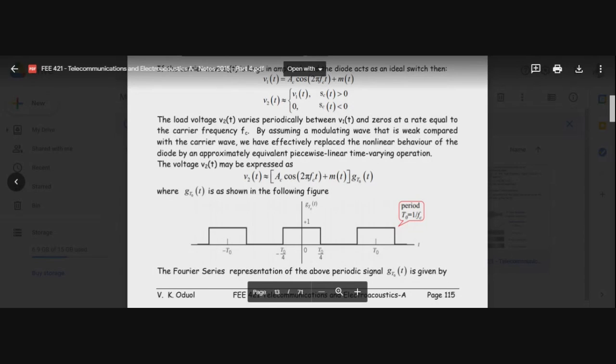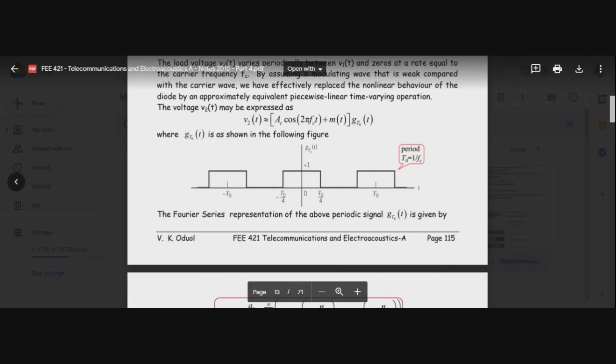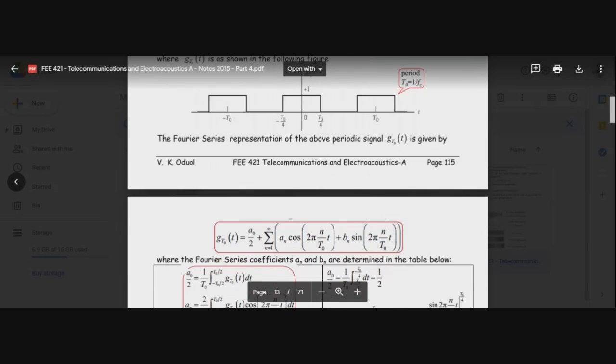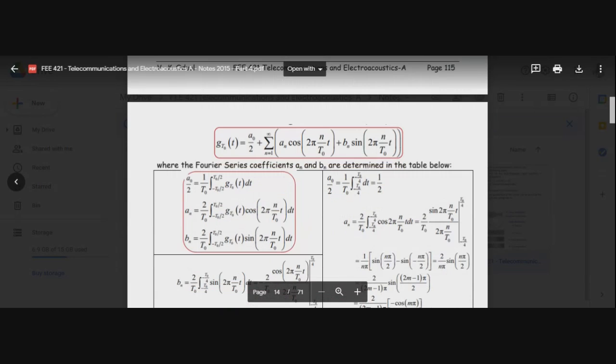Now, if this is the case, we can get the Fourier series representation of the square wave. In the exercise that follows, we are trying to get the Fourier series, where g_T0(t) has a Fourier series a0/2 plus that sum we've got there.